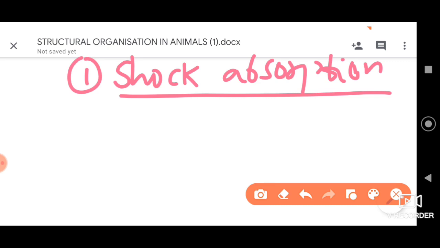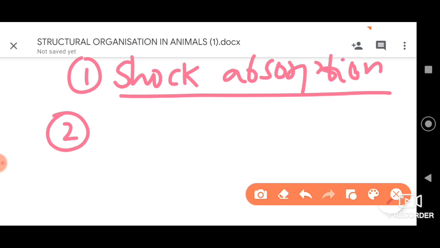There in between the vertebral bones, the shocks will be absorbed, which helps to avoid damage to the bones. Generally when we walk or run, the movement of these bones is also seen, during which there will be more friction between the intervertebral discs. So as the white fibrocartilage is present there, they help in shock absorption.